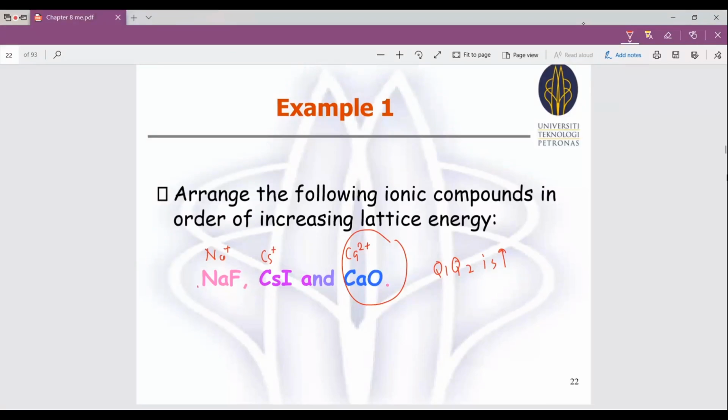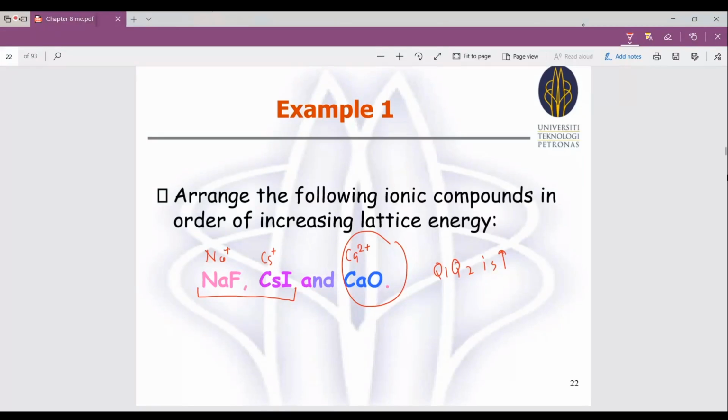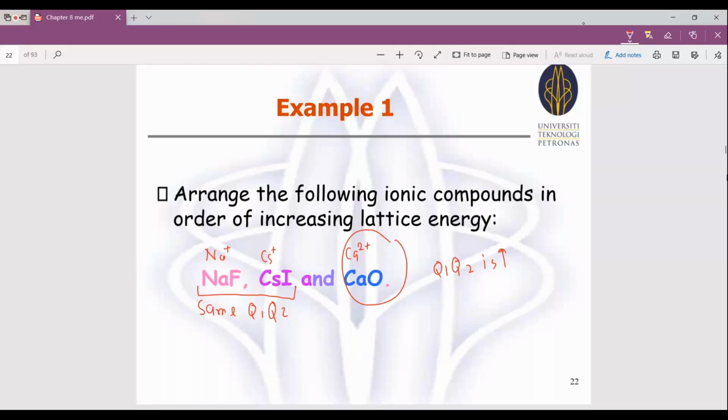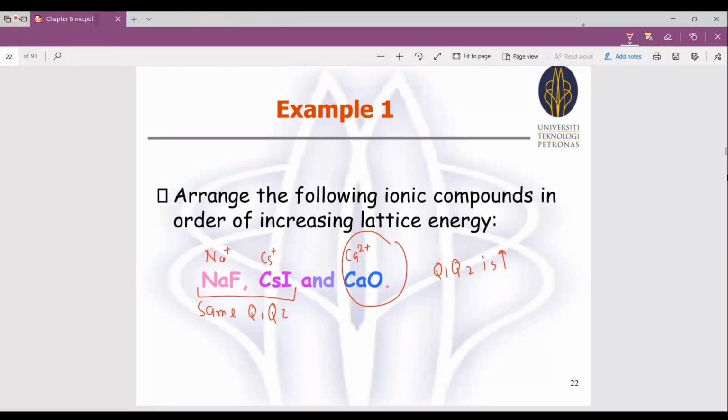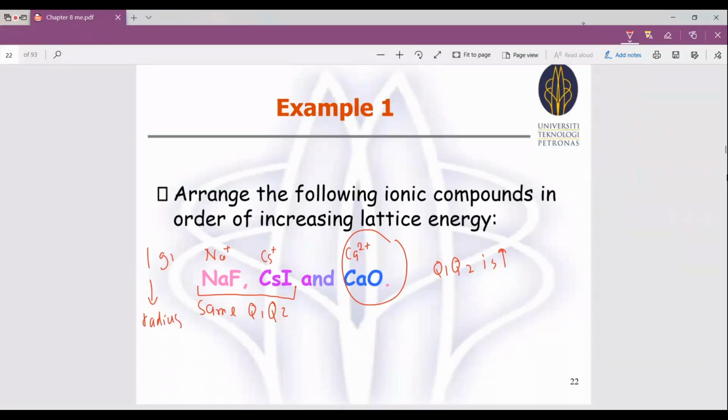Alright, now we look at these two. Because these two have the same charge, same Q1, Q2, we look at them in terms of radius. What happened as we go down group 1 just now? Atomic radius becomes increasing.